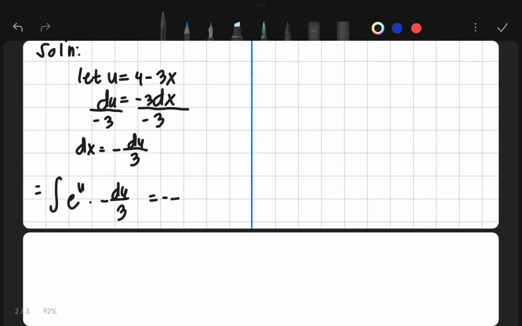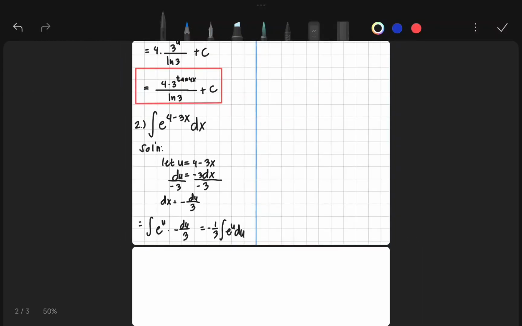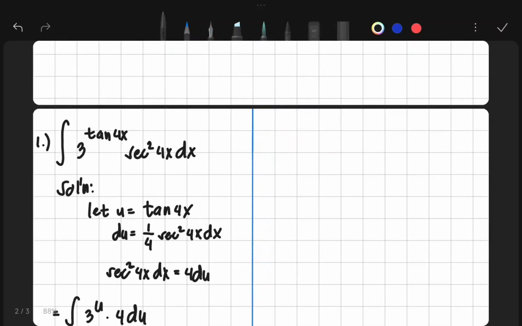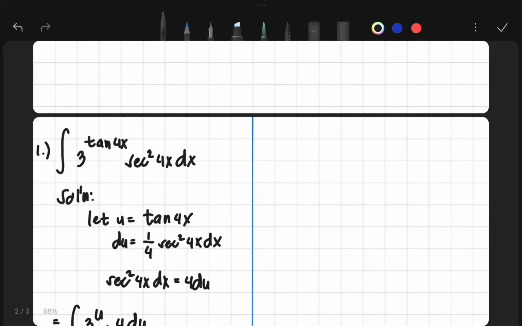So this will become negative 1/3 times the integral of e raised to u du, right? So since there's no space, let's put it here. After, you just need to integrate it, right?